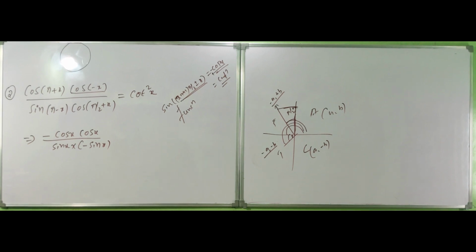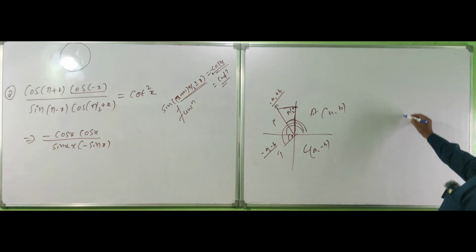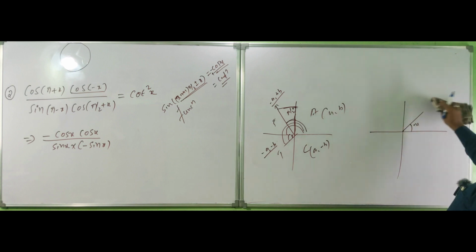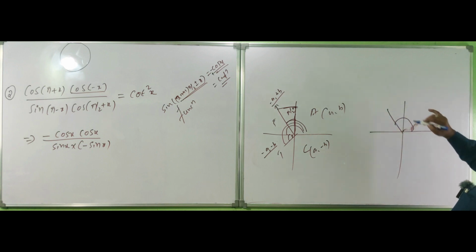One thing you should remember: consider only the positive value. This is x, and the whole angle is pi by 2 plus x.